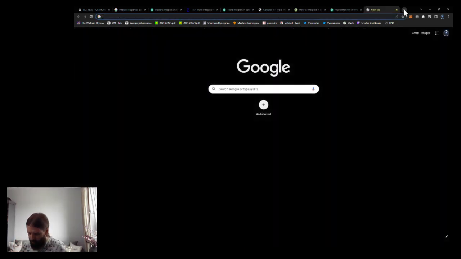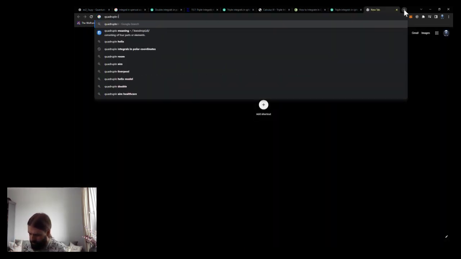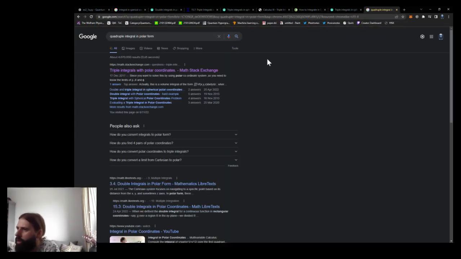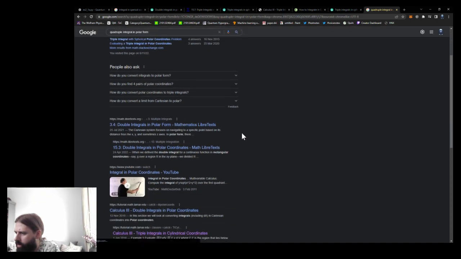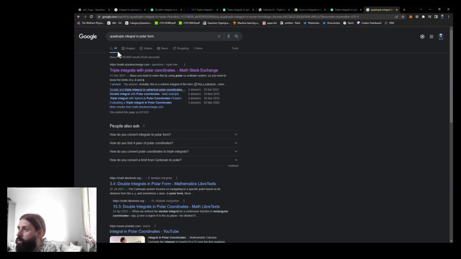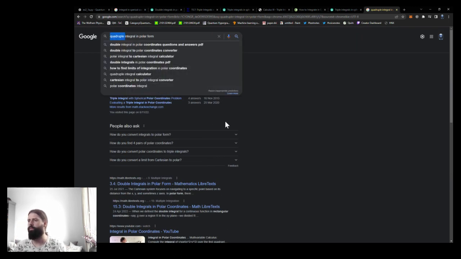Can you do a quadruple integral in polar form? For the integral?